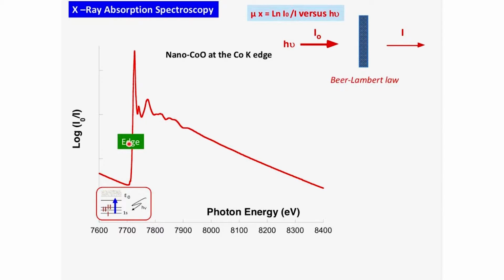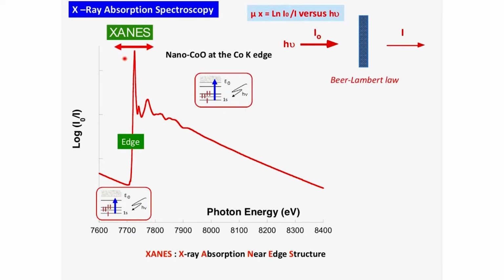Then, at the top of this edge, you have this main resonance and several resonances just around. This part is the so-called XANES spectrum. XANES is the acronym for X-ray absorption near edge structure.